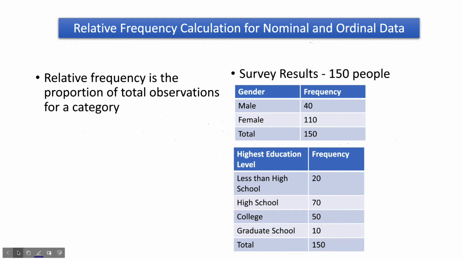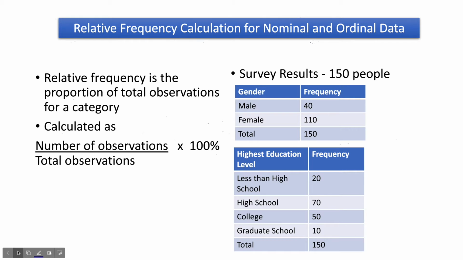So now let's take it a step further and calculate the relative frequency. Now the relative frequency is a proportion or percentage of total observations for a category. For the percentage, we calculate it as the number of observations in the category divided by the total observations times 100%. And we're multiplying it by 100% because we're taking the percentage.